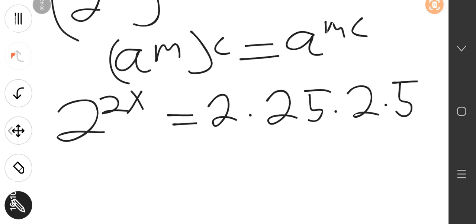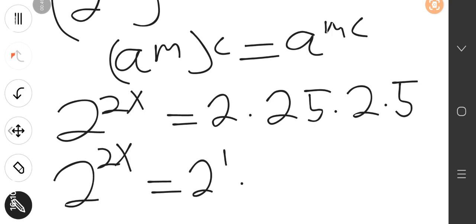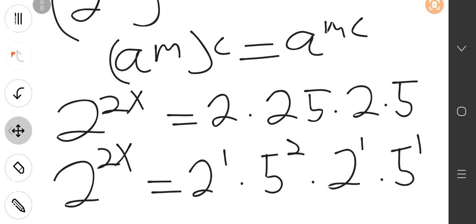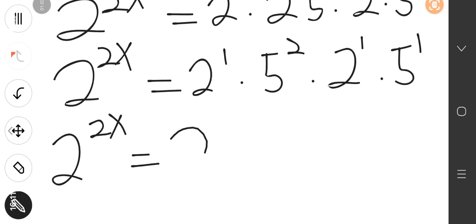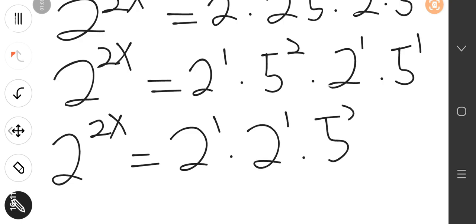So you're going to have 2 exponent 2x equals, now 2 is the same as 2 exponent 1, 25 is the same as 5 exponent 2, 2 is the same as 2 exponent 1, 5 is the same as 5 exponent 1. Now let's group the 2's and group the 5's. So you're going to have 2 exponent 1 times 2 exponent 1 times 5 exponent 2 times 5 exponent 1.